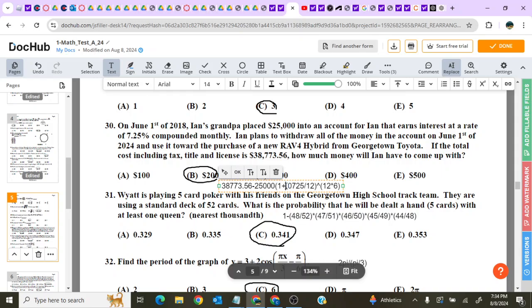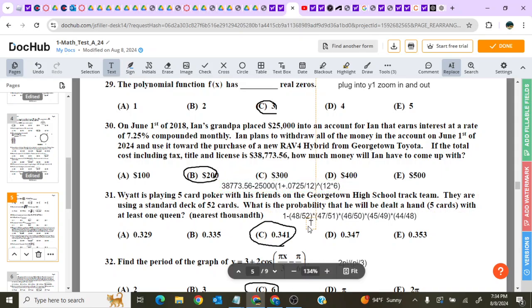The formula for interest is 1 plus your rate, powered to your time. However, when it's compounded a certain number of times, you have to divide the rate by the number of times it's compounded in a year, and then multiply your time by, or convert your time to, in this case, months. So if you do that and subtract that from the entire cost, you'll get a value of $200.